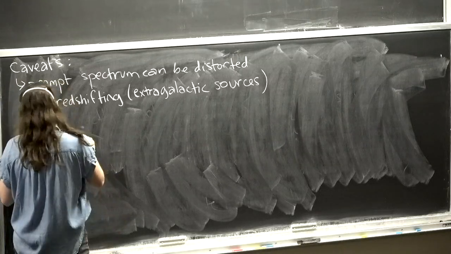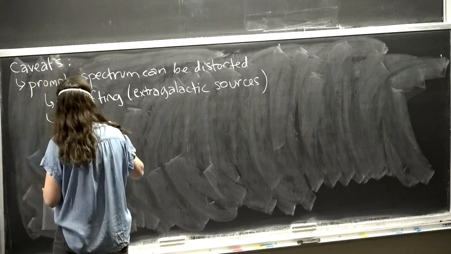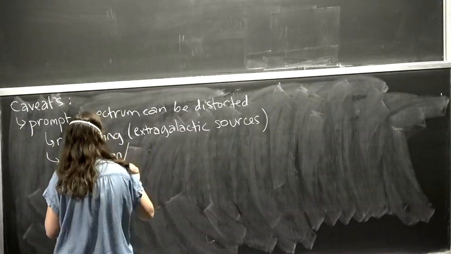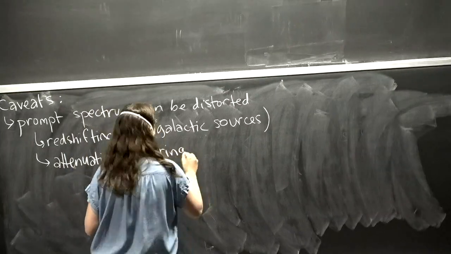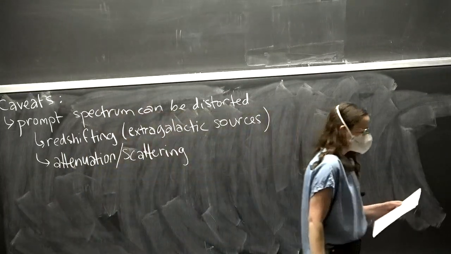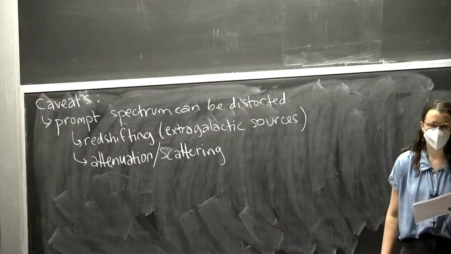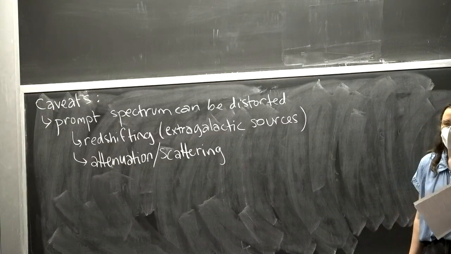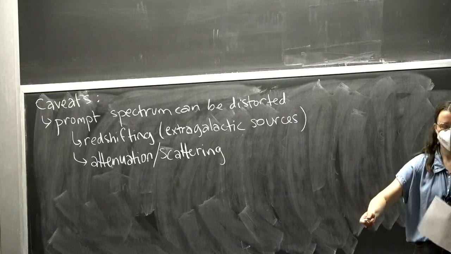All right, so good. That's an easy one to deal with. Another one that's not too difficult is attenuation or scattering. Which is not such a big deal for GeV gamma rays, but it can be more important for other frequencies. It can also be more important, again, for extragalactic sources that are coming from a long distance.